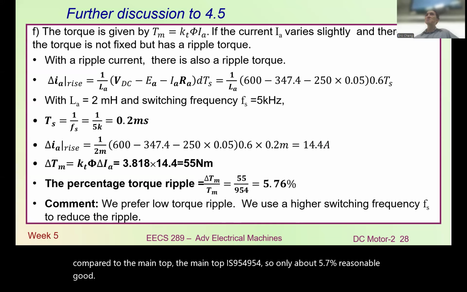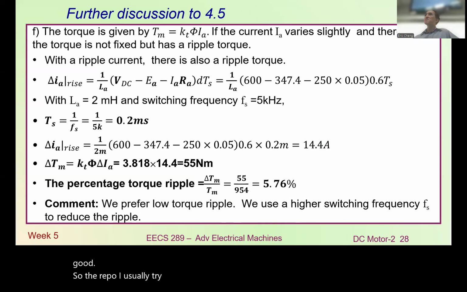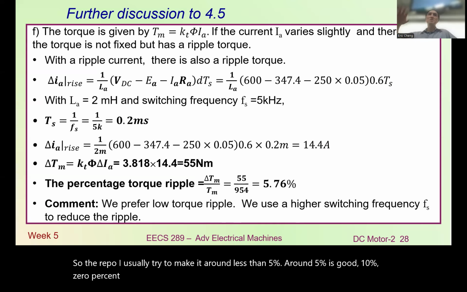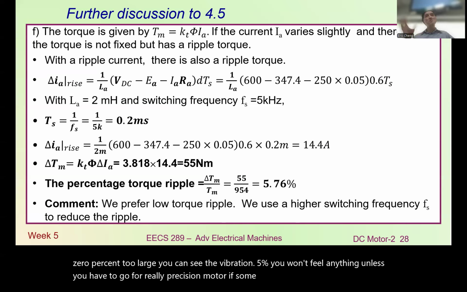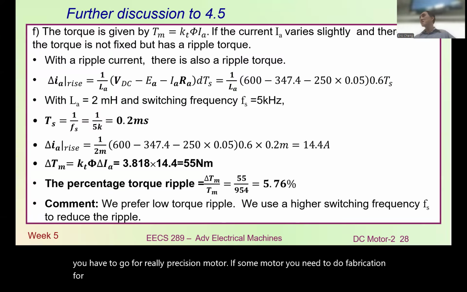I usually try to make the ripple less than 5%. Around 5% is good. 10%, 20% is too large; you can see the vibration. At 5% you won't feel anything unless you need a really precision motor. If you need to do fabrication for several newton-meters, that will be another story. But for most industrial drives, 5% is no problem.